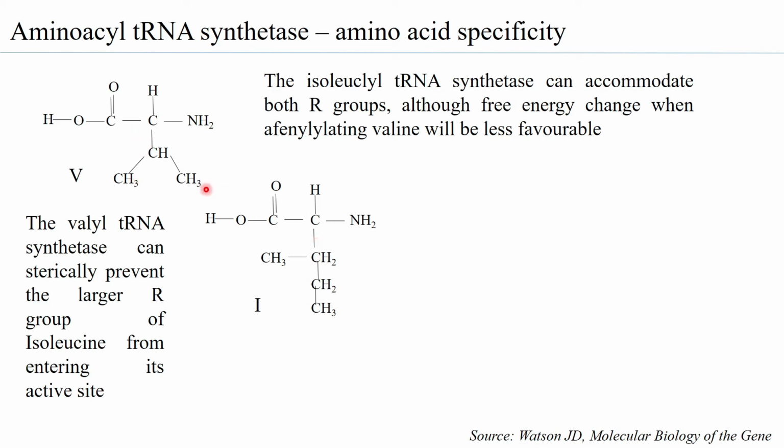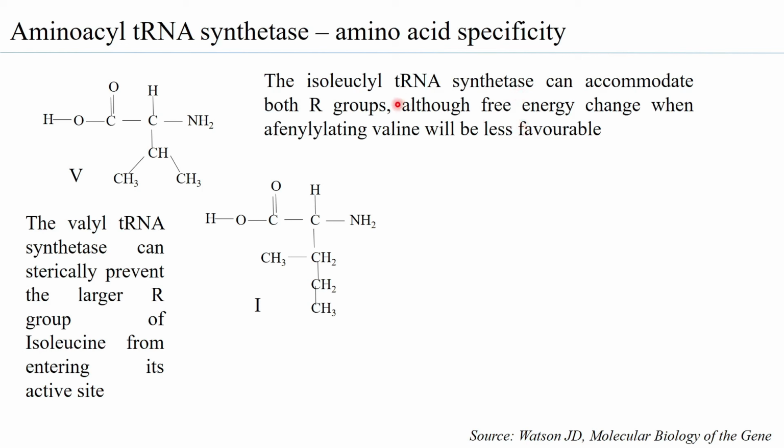But still, because of its small size, suppose, for example, isoleucyl tRNA synthetase accommodates valine and adenylates it. So then what does it mean? It means that an adenylated valine is now present inside the active site of isoleucyl tRNA synthetase. Now what?